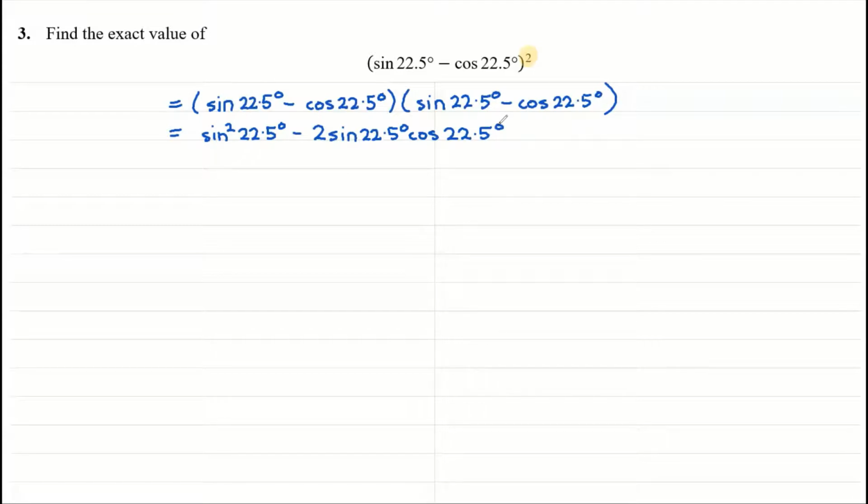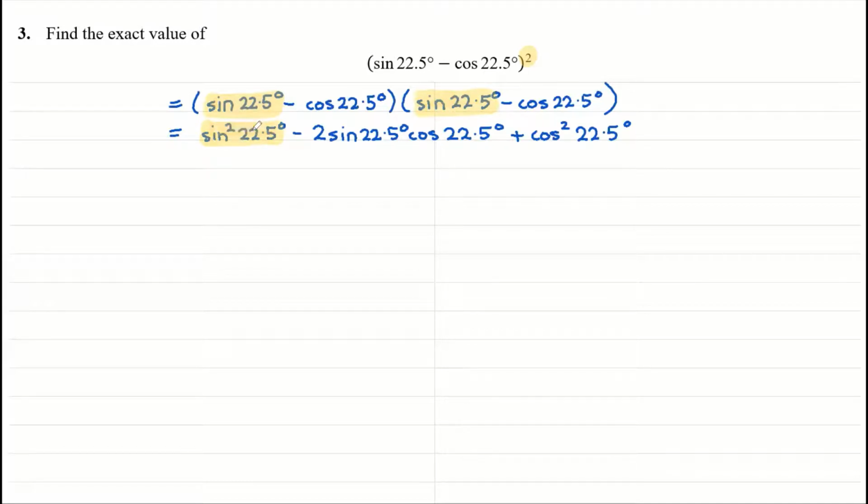Okay, and then we're going to add the cos squared of 22.5 degrees. So I'll just let you digest that for a second. First up, we multiplied the two sines together. Hence, we got the sine squared here.